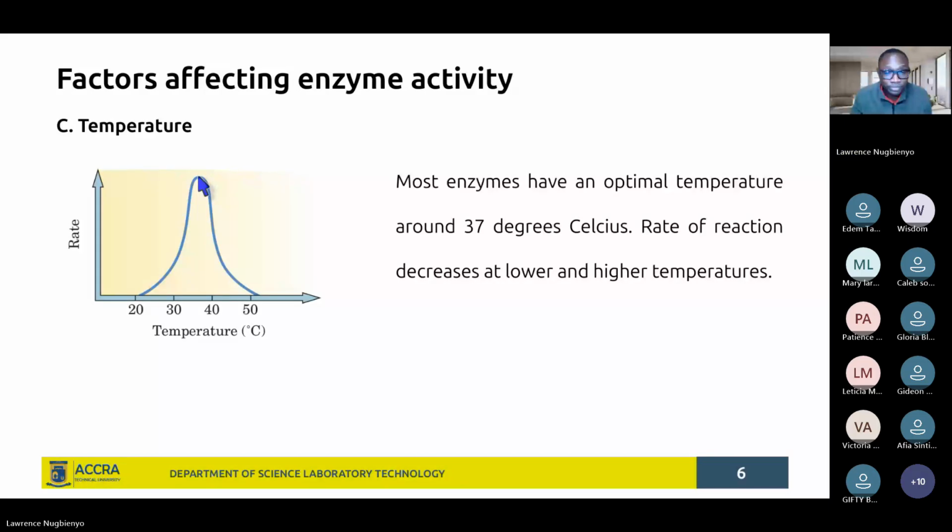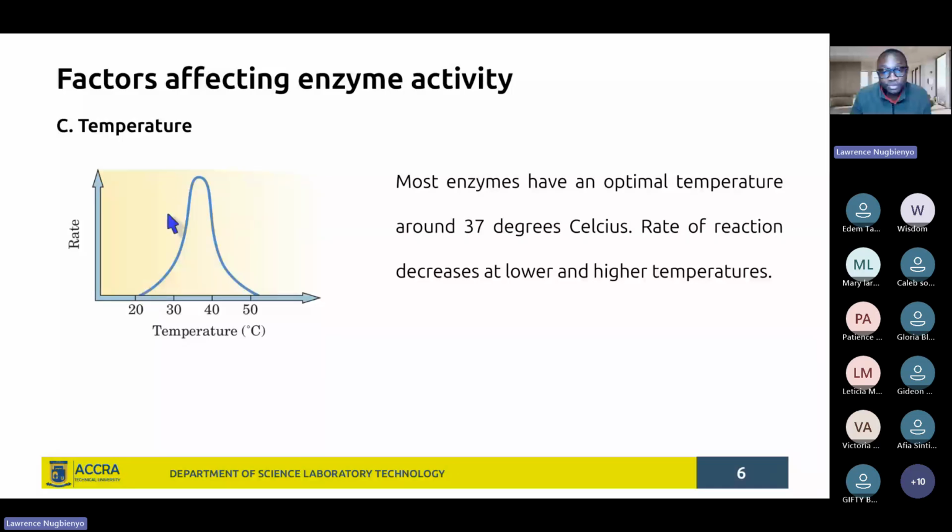So you want to put your food inside a refrigerator so that you reduce the activity of the enzymes of these microorganisms that will be acting on the food. In that way, you can keep the food for a longer time.